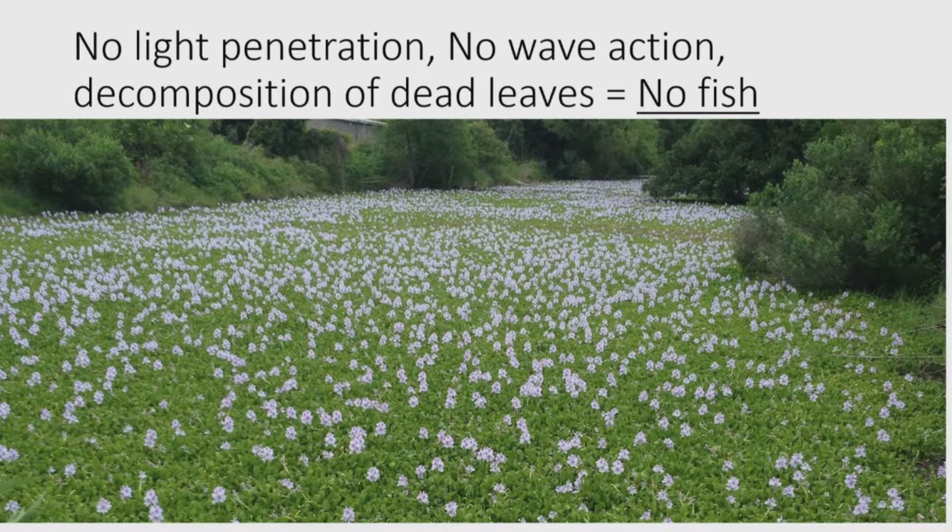So you can have no fish in this system, but it is perfect mosquito habitat. So you start linking yourself up for a human health crisis. Moreover, this provides tremendous resistance to water movement.